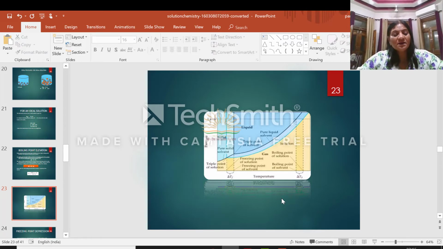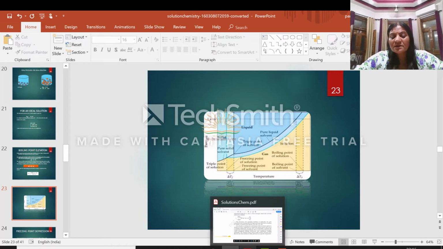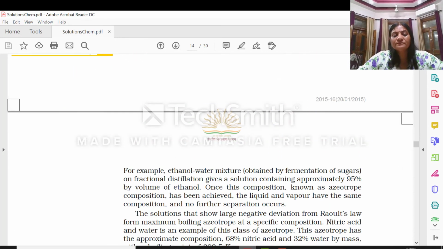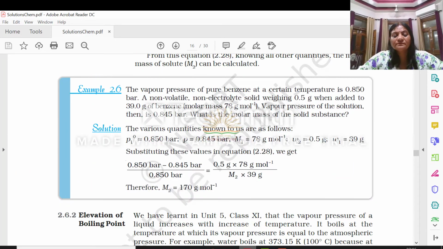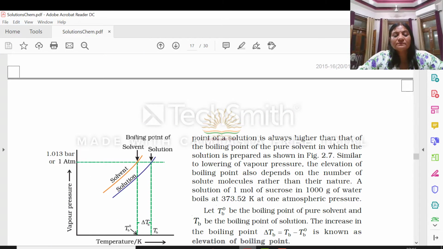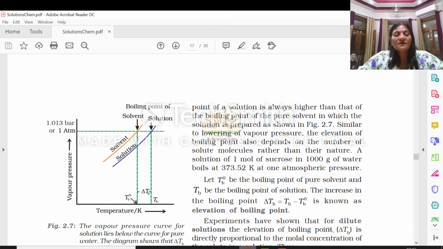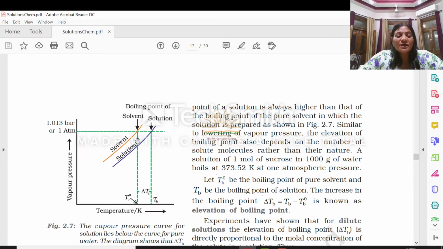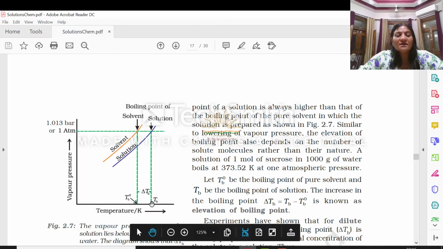I am taking the graph from the NCERT textbook. Here is the graph, between vapor pressure and temperature. This is the boiling point of the pure solvent, and here is the boiling point of the solution.